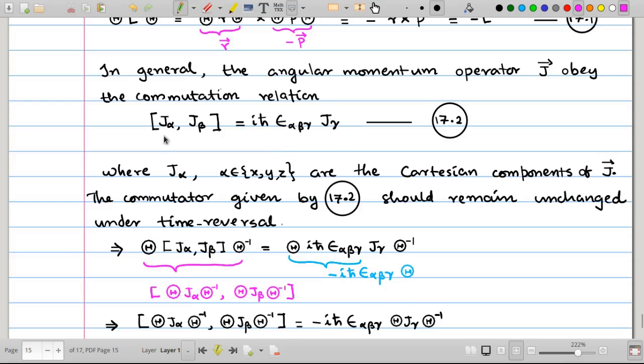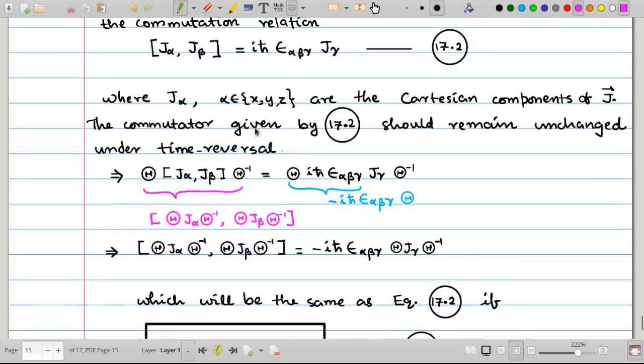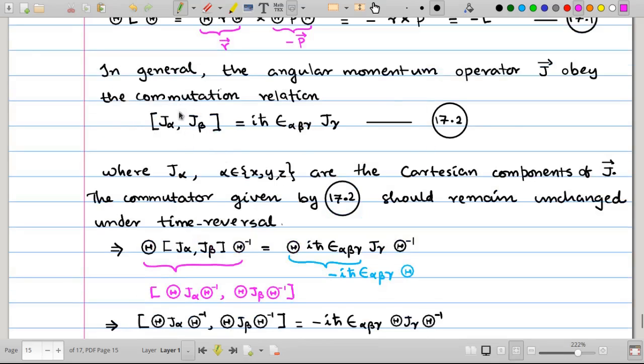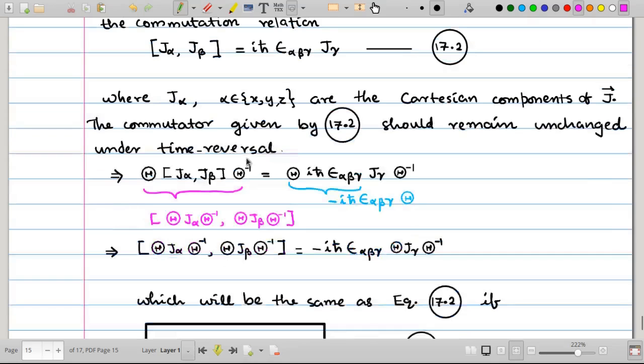For example, the commutator of Jx with Jy is i h bar Jz. Now we can consider the transformation of this commutator under time reversal, and since time reversal is a symmetry, we expect this commutation relation to remain unchanged.